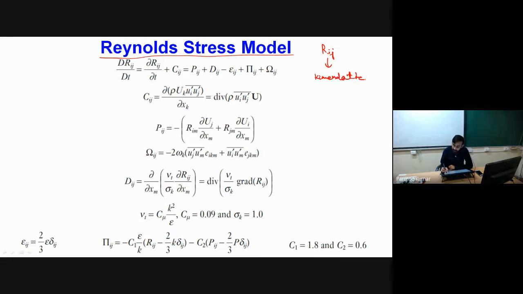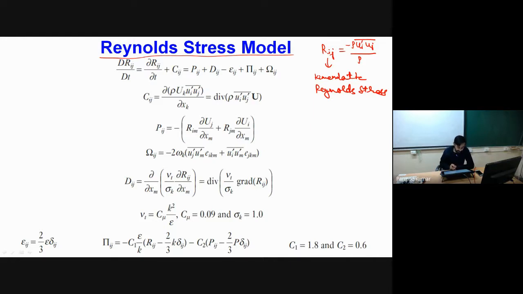What is this Rij? When we define Reynolds stress, we write minus rho ui dash uj dash bar. In terms of kinematic Reynolds stress, we divide it by density, and once we divide it by density, we call this the kinematic Reynolds stress.